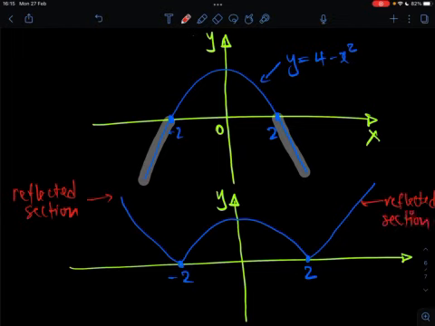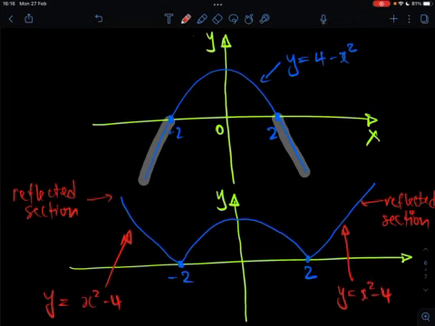So if I want to find the labels for these two sections, you multiply the original by negative, so you get x squared minus 4, and the label of that portion is y is equal to x squared minus 4. But for the original one, it still keeps the original equation, which is 4 minus x squared, like that. You see. So this is how you get to sketch the absolute function from the original function.